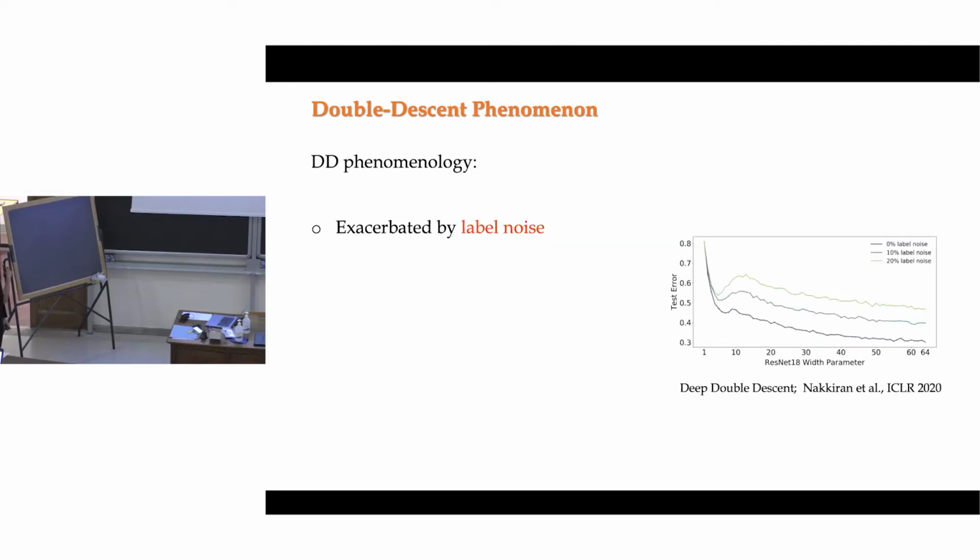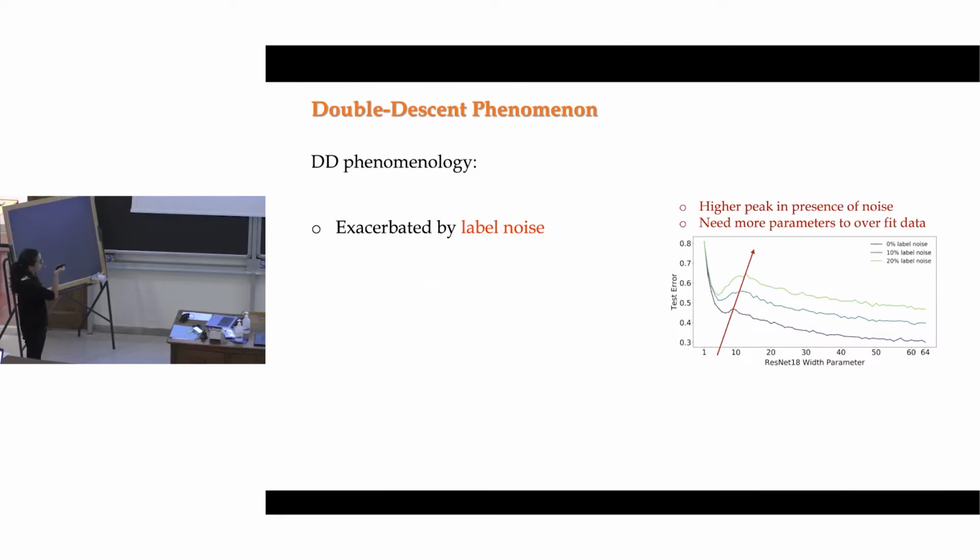The first experimental thing we can notice is that if we add label noise to our training, the double descent curve is still there. So you keep on seeing the double descent, but the curve itself is going up and it's moving right. And the way you can interpret this is that, of course, the data are becoming noisy, so you cannot really use noisy data to learn structure.